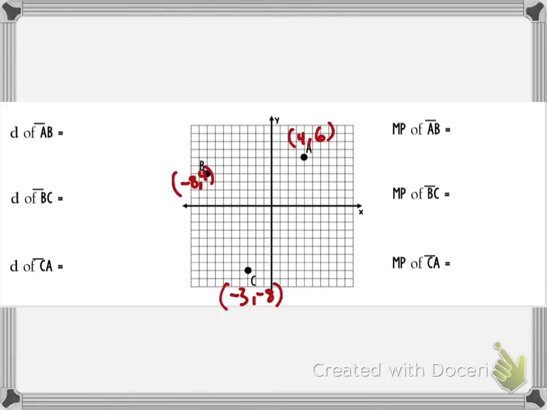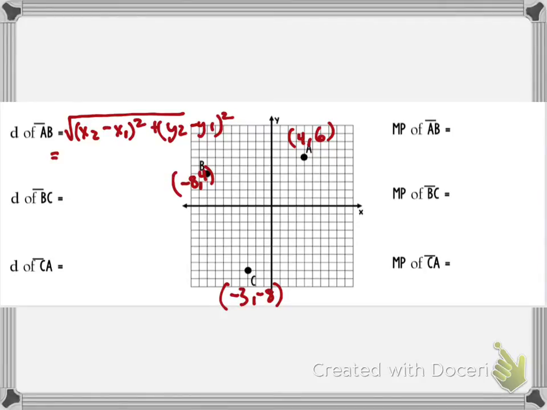Alright, starting off with the distance formula between A and B. The distance formula is the square root of x2 minus x1 squared plus y2 minus y1 squared. So I'm going to subtract my x values.